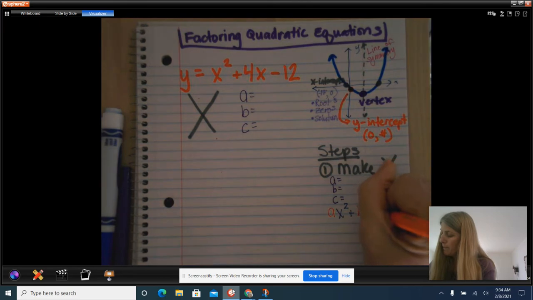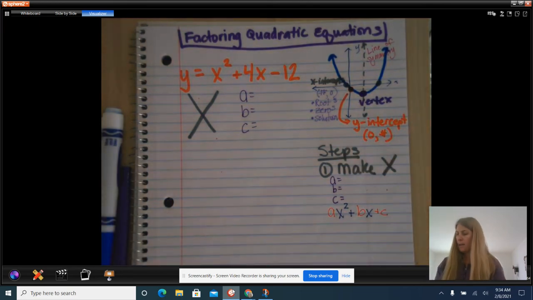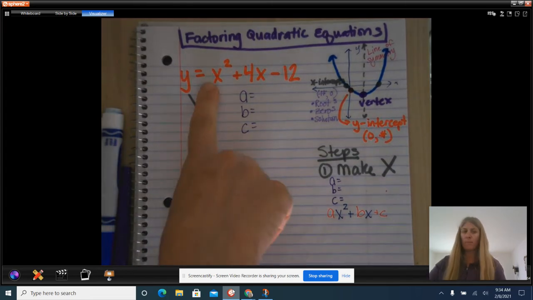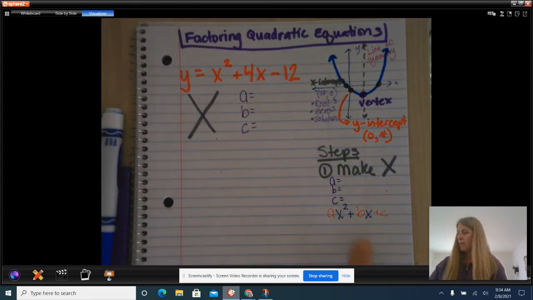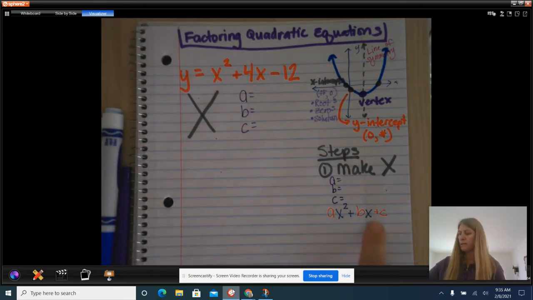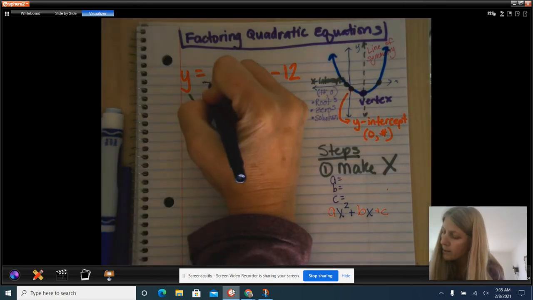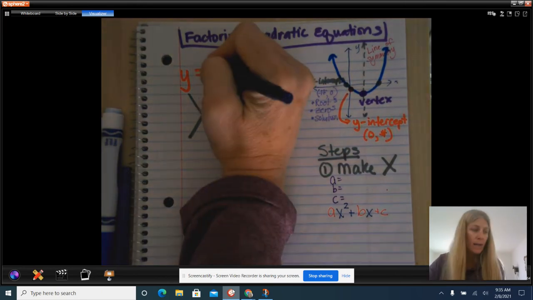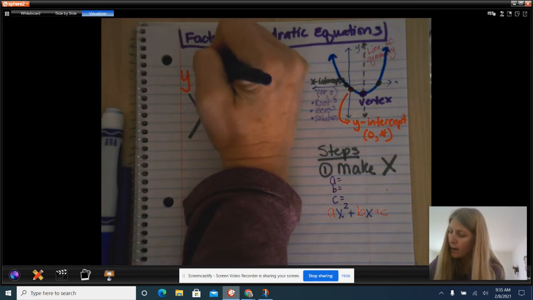plus c. So what that means is when I take and look at my equation, I look at my a, my b, and my c, my a is going to be the number in front of my x squared. My b is going to be my number in front of my x, including the sign to the left, and c is going to be my constant. So we take a look and see what's in front of our x squared, and there's nothing there.